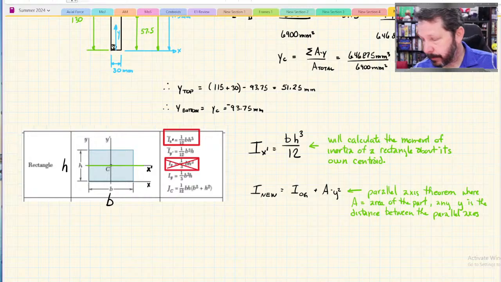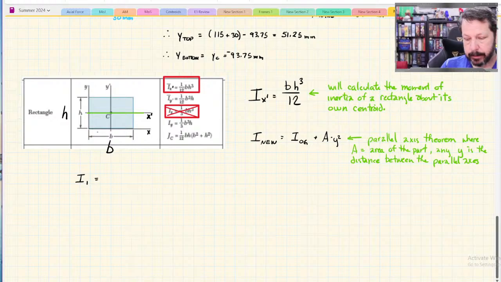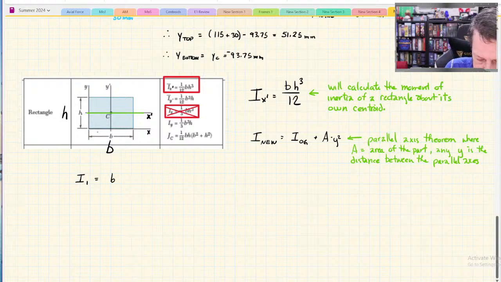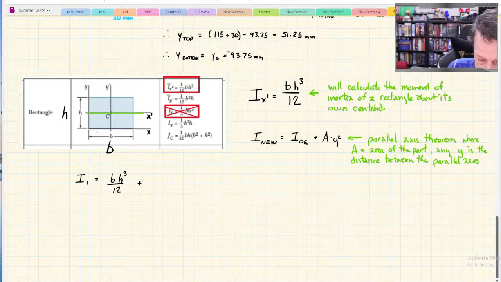I'll have the moment of inertia for part 1 equals the original moment of inertia for part 1, which is bh cubed over 12. I'll write it out in variable form, and then I'll put the numbers in. Plus the parallel axis theorem part, the area of part 1, times the distance y between part 1 and the neutral axis. And that y needs to be squared.